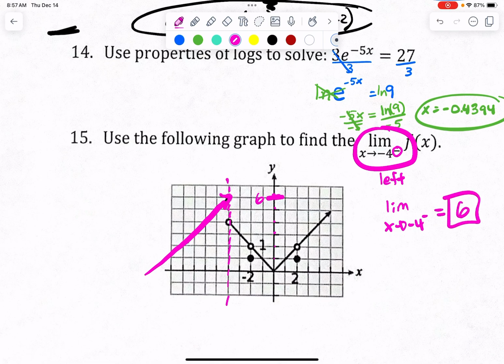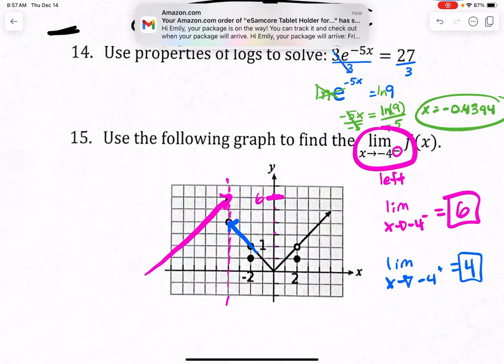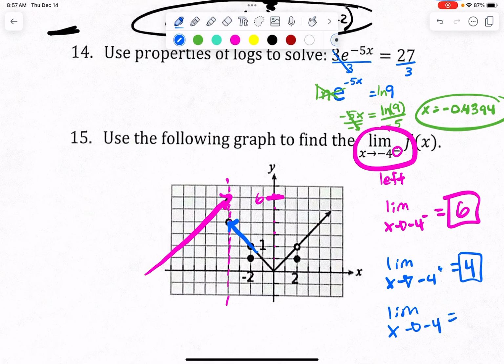Positive 6. Okay. Now, just so you are aware, if I would have said, and I didn't, so you don't necessarily have to write this down, but if I would have said from the plus side, that limit is 4. I think it's going to a y coordinate of 4. Then if I would have said what's the limit as x goes to negative 4 both sides together, since these aren't in agreement, that would be a does not exist scenario.